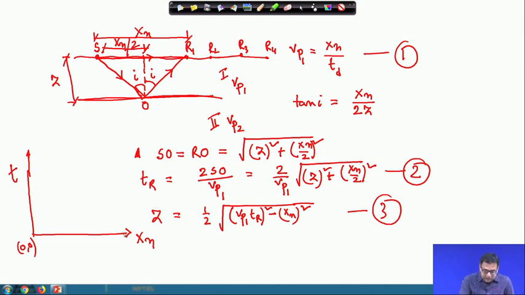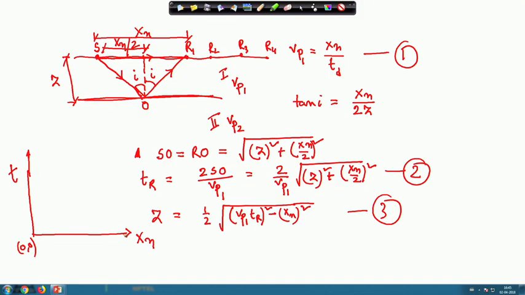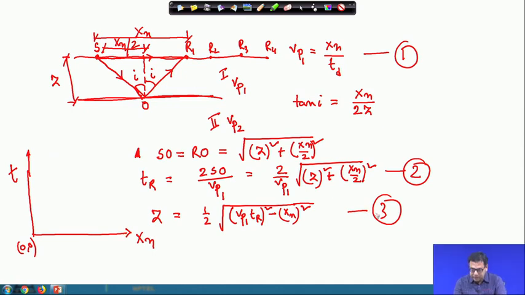So, in case of every geophone we get this type of expression. What will happen is that for every geophone there is a direct ray and there is a reflected ray. So, basically we have two expressions, and this is a different form of expression 2.